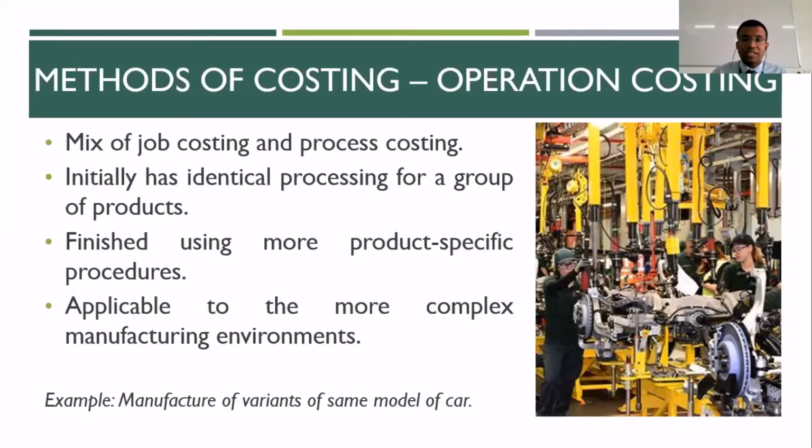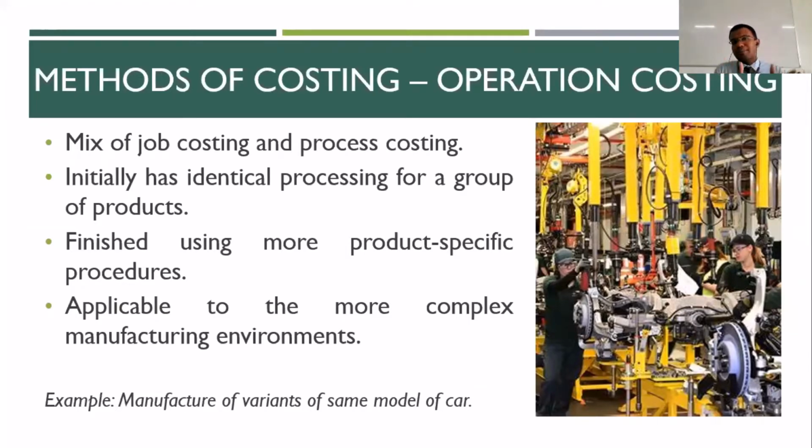So operation costing is a combination of job costing as well as process costing. Here, you're dealing with identical products which at some point in your manufacturing process may need to undergo a differentiation, as a result of which you may have to determine the prices slightly differently. I picked up the example of a car.